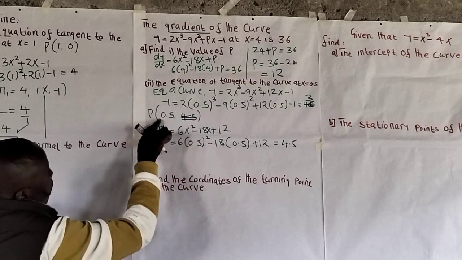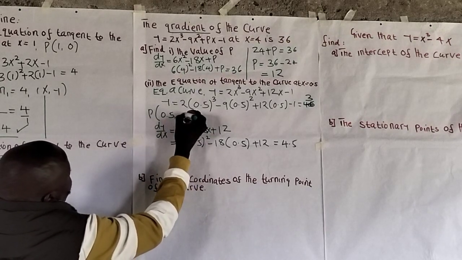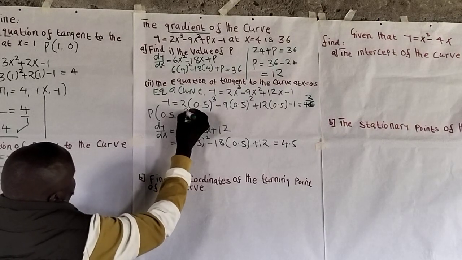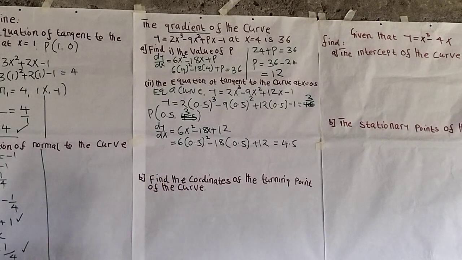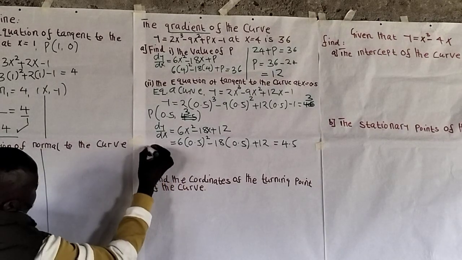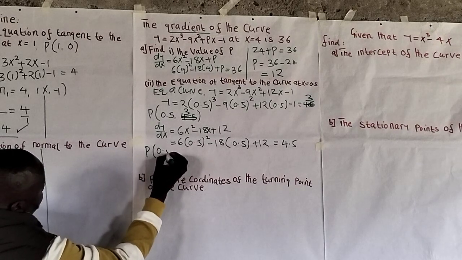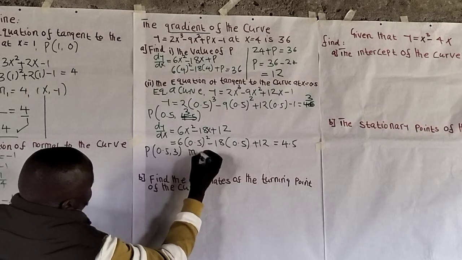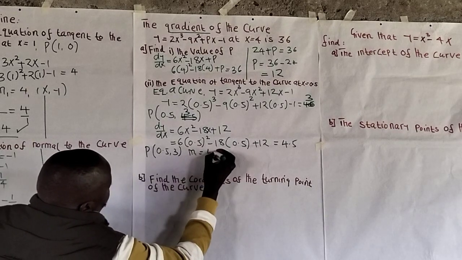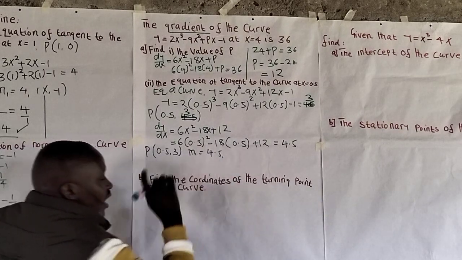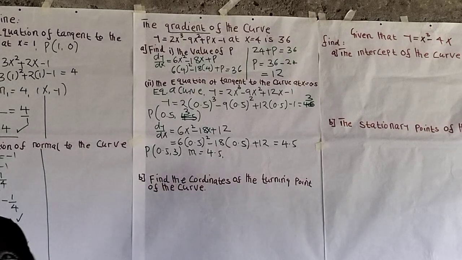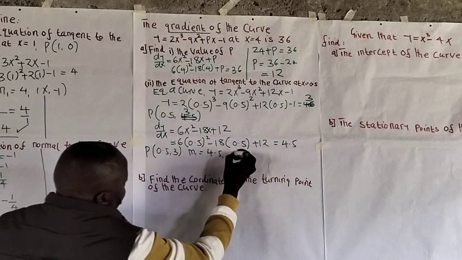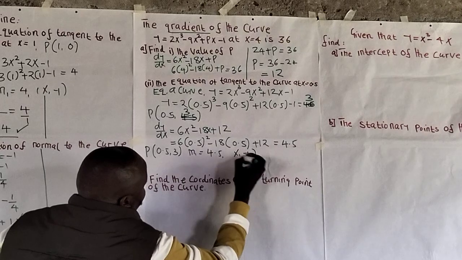It's not 0.5, 4.5, but 0.5, 3, that's the point on the curve. So now we have a point which is (0.5, 3). We have that gradient, which is equal to 4.5. And then we have an imaginary coordinate in terms of x and y.